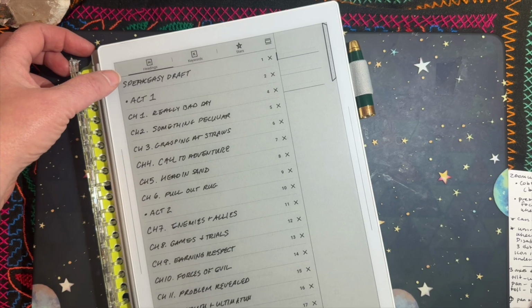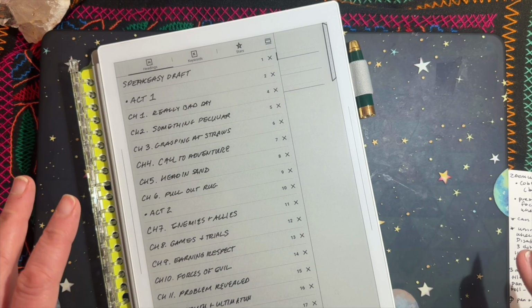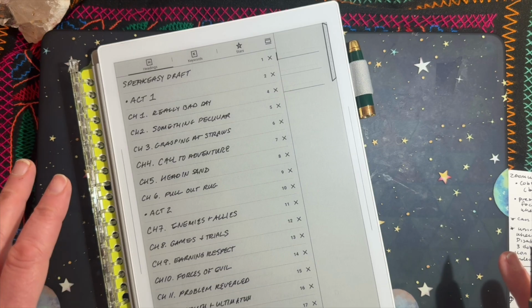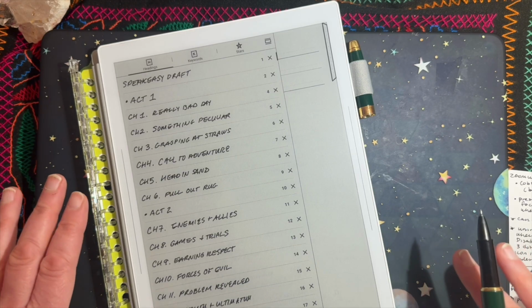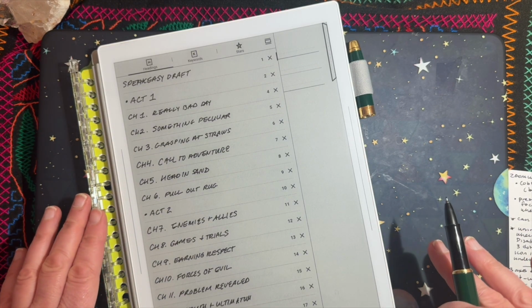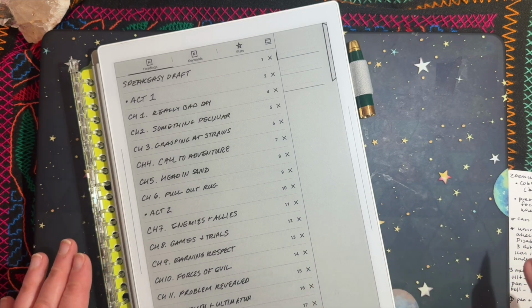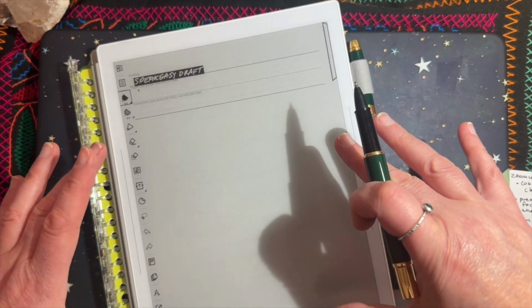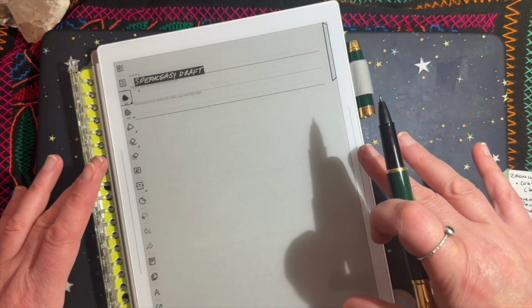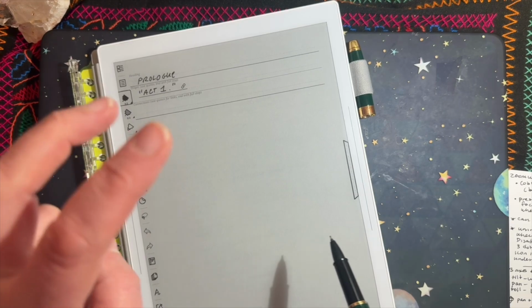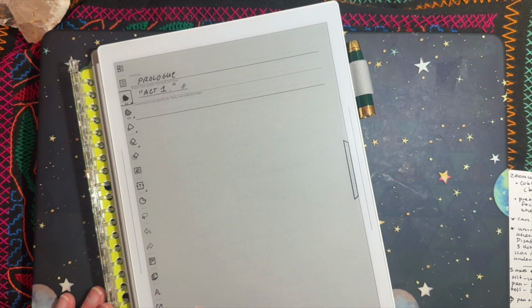So the way that I've decided it's going to work is this is going to be the final resting place of anything that I've written or want to use on my Supernote, that I want to keep and port into the final document. And so rather than having it lost, I've created basically something to represent that chapter on my Supernote. And so this is the draft, Act 1. I've got a card for each chapter.